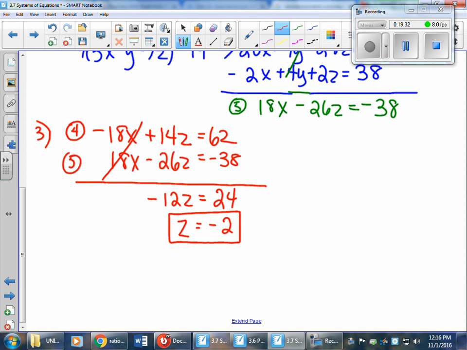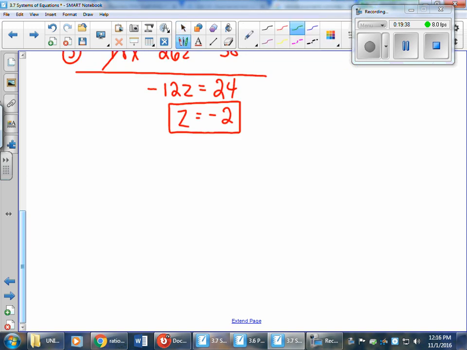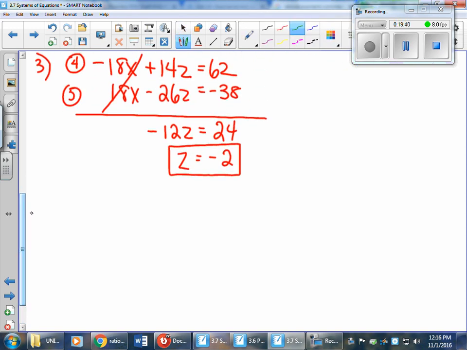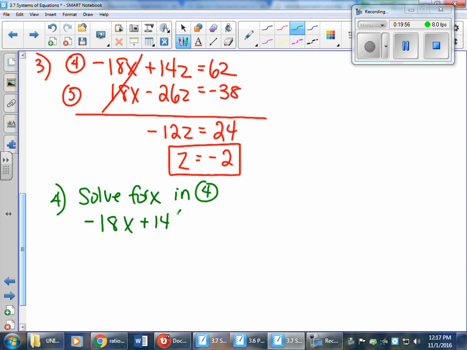All right, now from here, you should be able to do this without a problem. We're simply going to take one of our 3's or 4's or 5's. So let's take 4. So this is our step 4. We're going to solve for x, and let's use 4 this time. So negative 18x plus 14z is equal to 62.